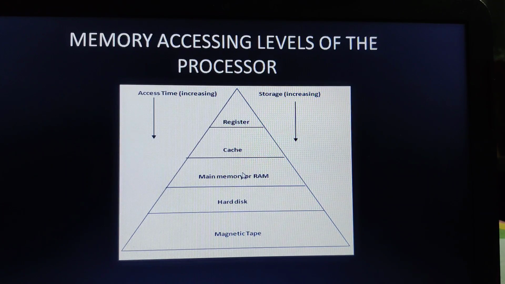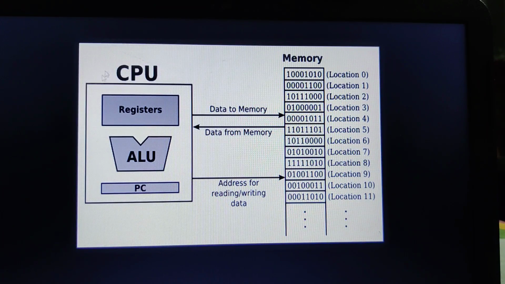But what about the accessing speed? If I need to access data from magnetic tape to my computer, the accessing speed is quite long compared to the hard disk, main memory, cache and the register. The fastest memory that the CPU can use is the register, because registers are already built into the CPU. Obviously the CPU will access the registers first.